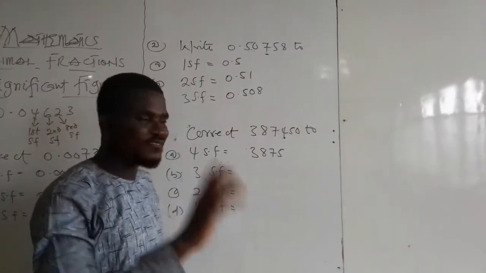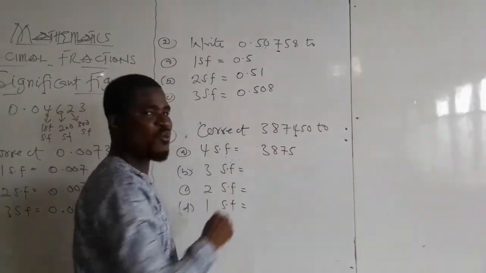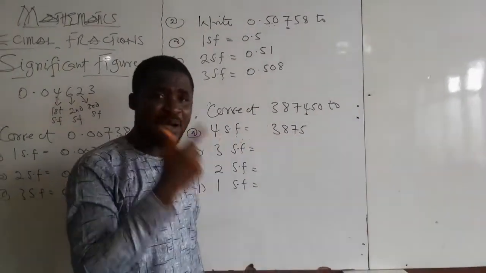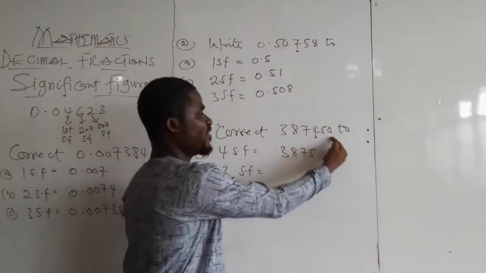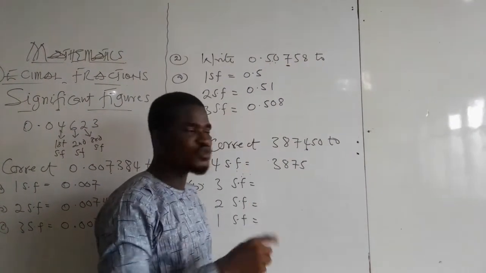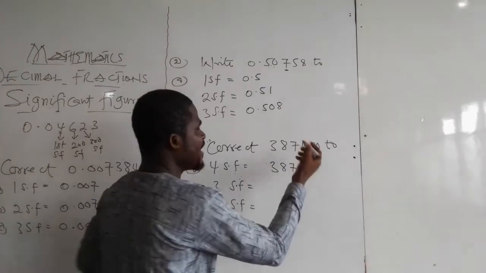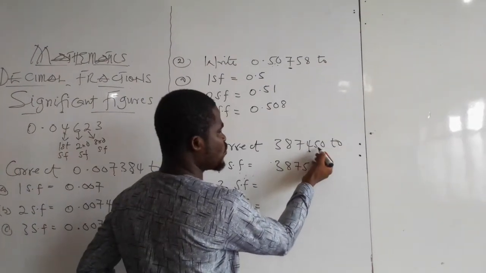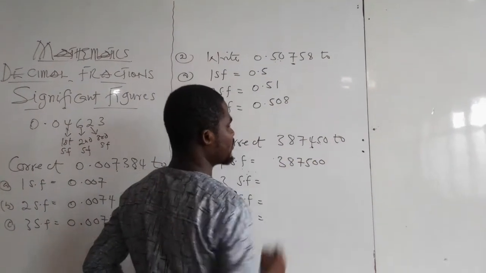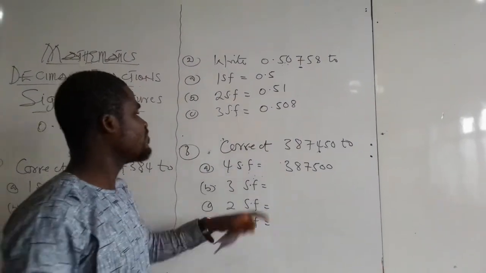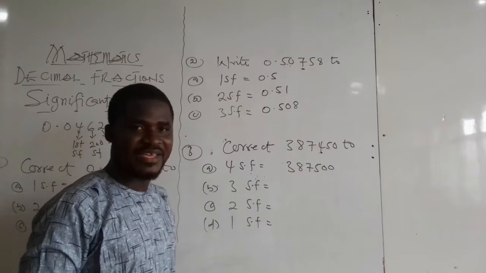My 4 SF. 1, 2, 3, 4. Now, because it doesn't contain a decimal point, the rest of the figures I have to fill in with zeros to make the place value correct. So take note. Now it's left two numbers, 1, 2. So 0, 0. So this is my four significant figures.